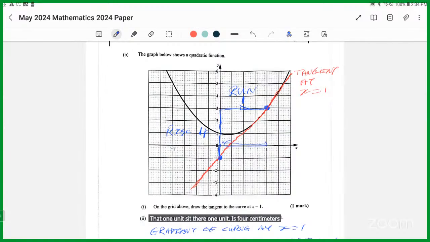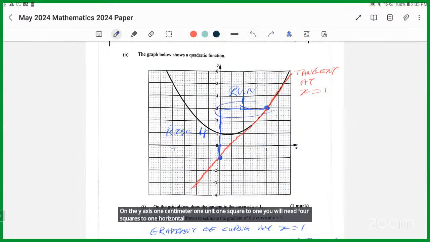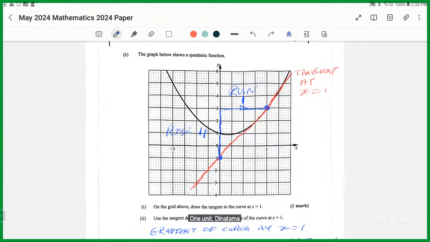On the y-axis it is 1 centimeter to 1 unit, 1 square to 1 unit. 4 squares to 1 unit horizontally, but this out here is still 1 unit of run. Then it's a matter of counting the squares. You're looking for the units.